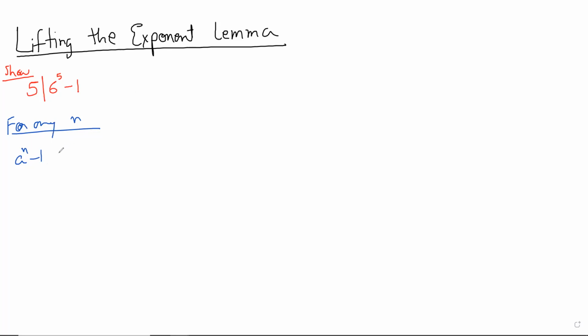But we need to know the proof of that. It will be important. So the proof can be like this: 6 raised to power 5 minus 1, if we write it as 6 minus 1 into 6 raised to power 4 plus 6 raised to the power 3 plus, and so on till 1.